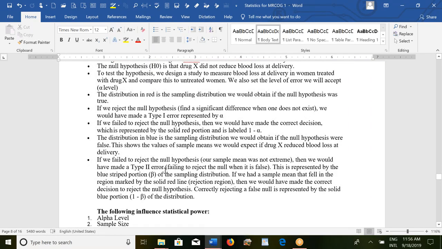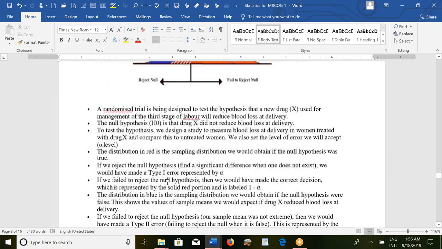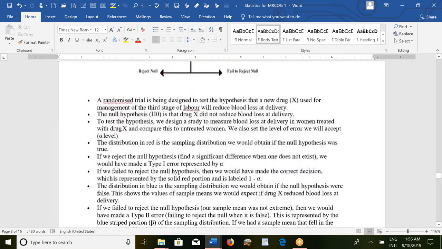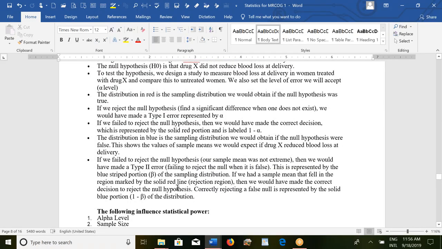If we fail to reject the null hypothesis, like our sample mean was not extreme, then we would have made a type 2 error, which means failing to reject the null hypothesis when it is false. This is represented by the blue striped portion. So this is the type 2 error, this is the type 1 error. This is represented by the blue striped portion of the sampling distribution.